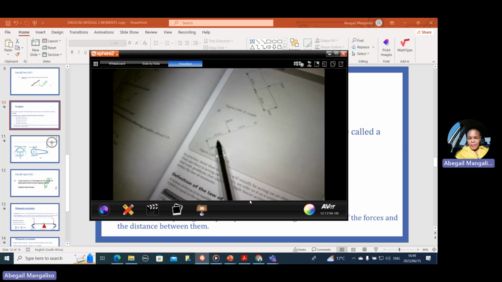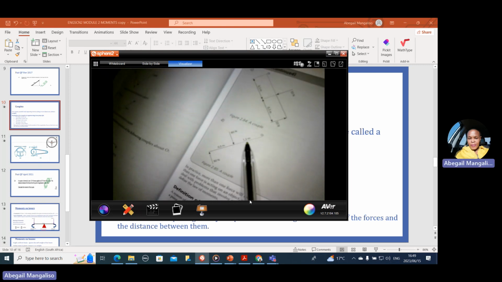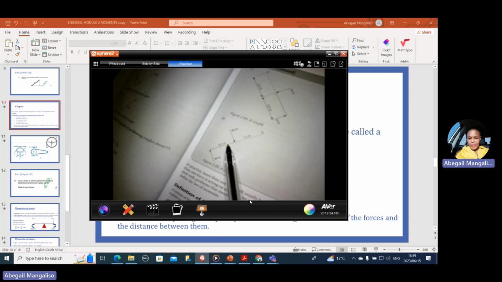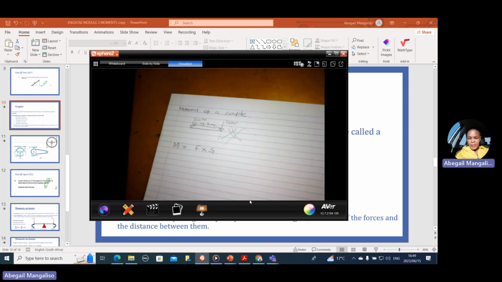If you look at this one, it's given by the product 80 multiplied by the distance between the forces, 0,5. So you take the magnitude of one of the forces and multiply by the distance between the forces. So from that information, you can solve for the unknown.